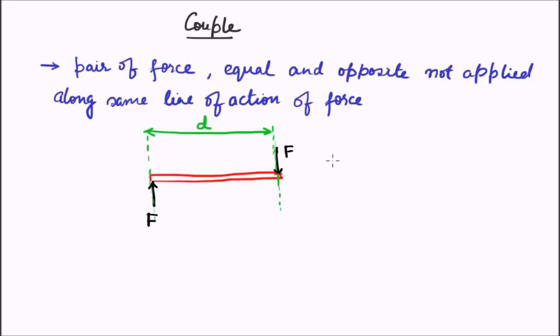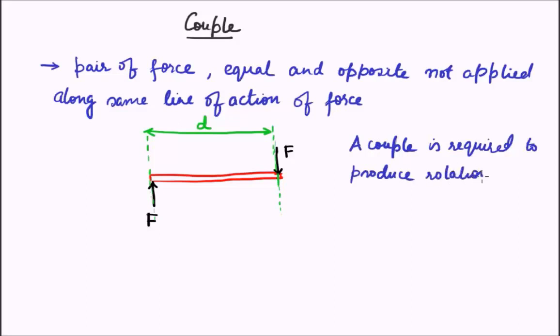So a couple is required to produce rotation. You might ask that in our previous lecture we produced rotation in a body with just one force. So let us go back to that example and see what was happening there.